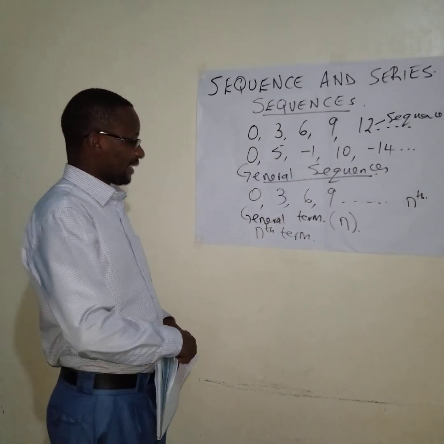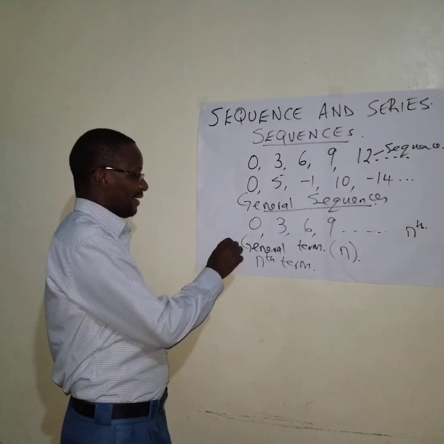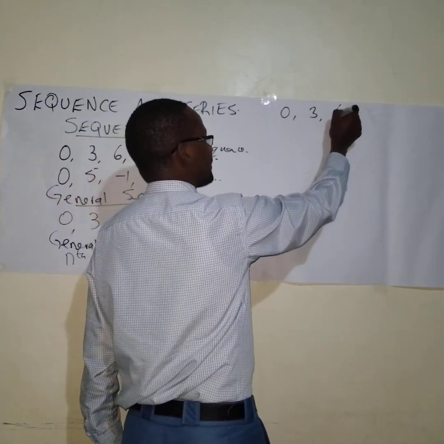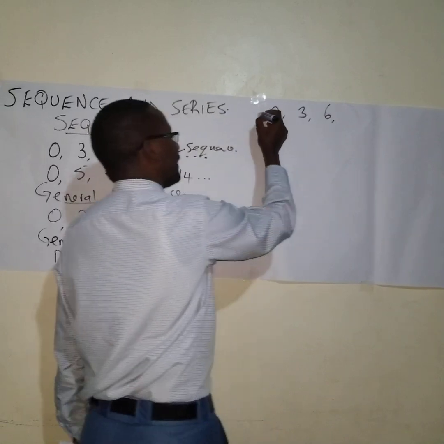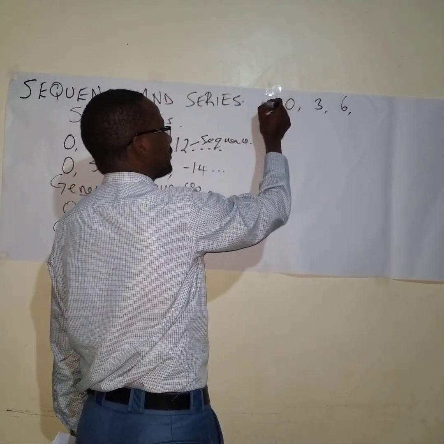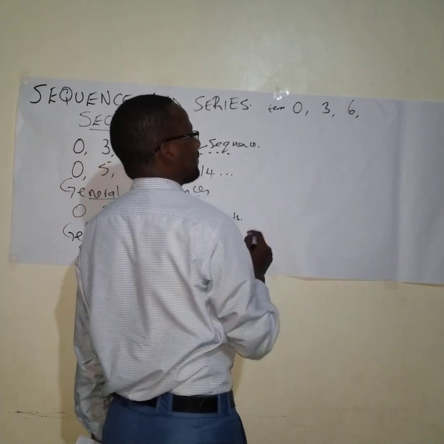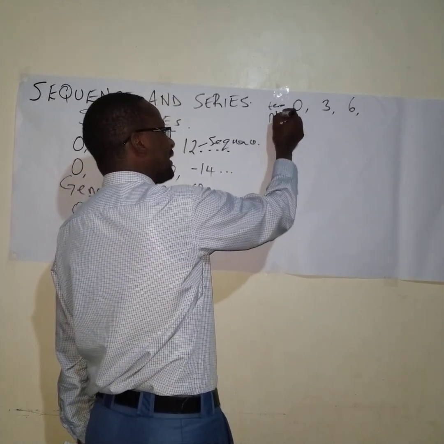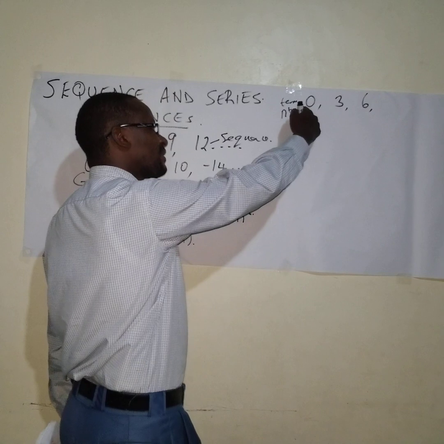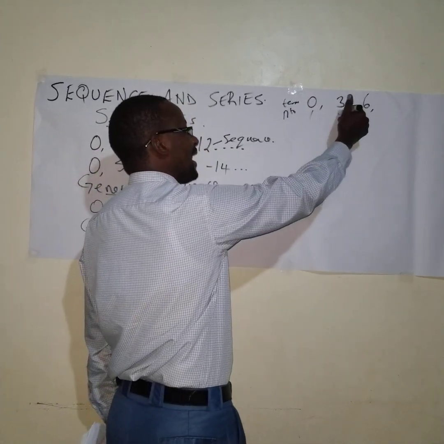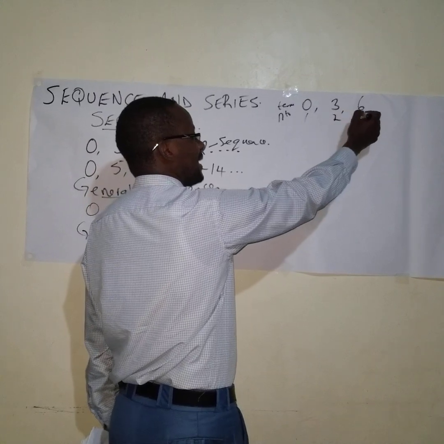For example, here when we have 0, 3, 6, this is the term. So we call this term, it's first term, second term, third term, like that. So n is the number of terms. So if 0 is the first term, then it means here n is 1. And here n is 2. And here n is 3.